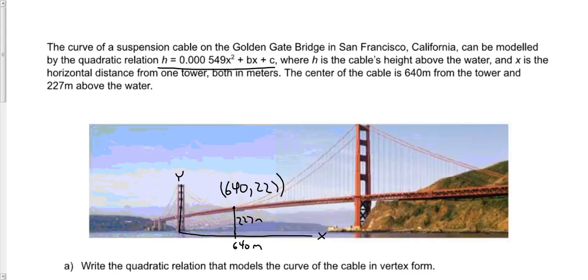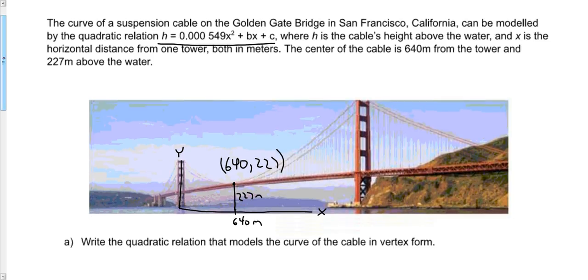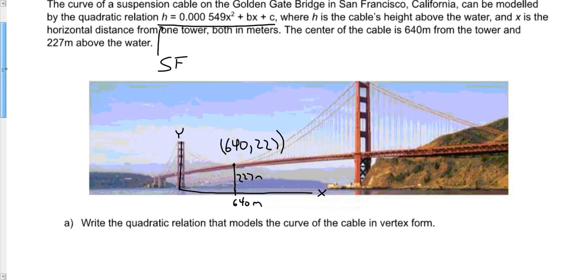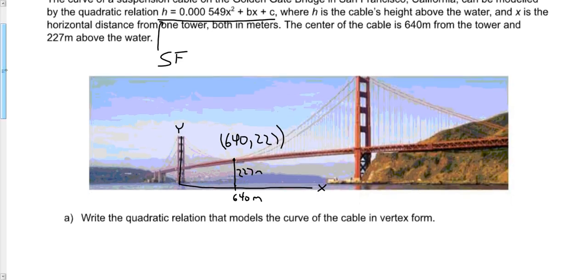Okay, so what we need to do is write a quadratic relation that models the curve of the cable, first in vertex form. And what's important is that what's given to us in the question happens to be in standard form. It's not complete, but it's written in standard form. So based on the information that we have, we need to write this in vertex form. We actually know what our a value is.